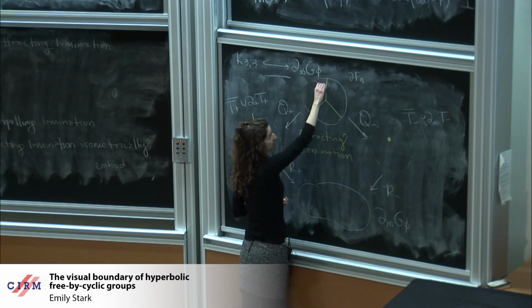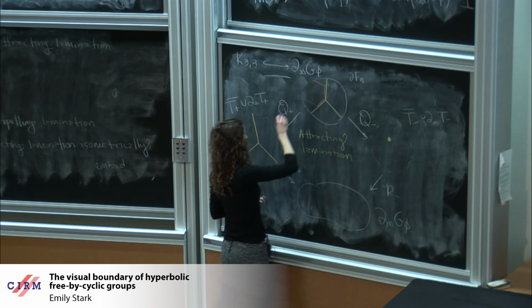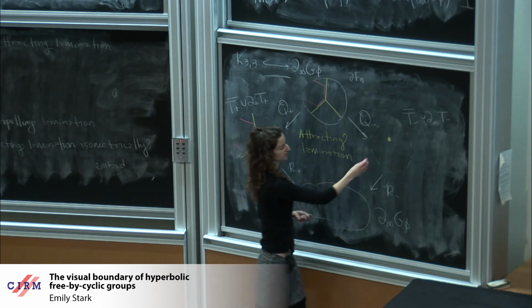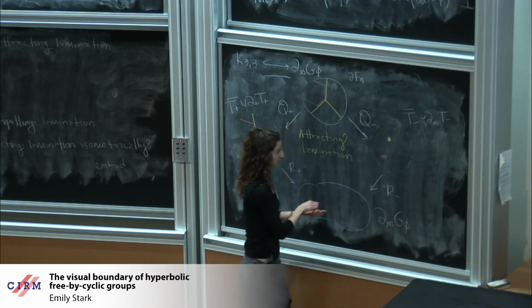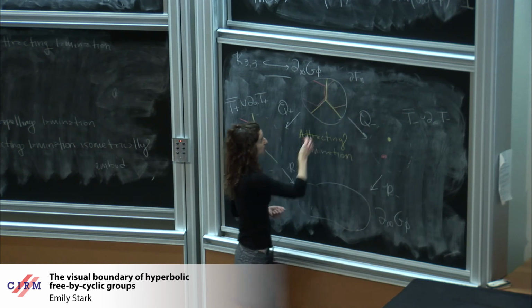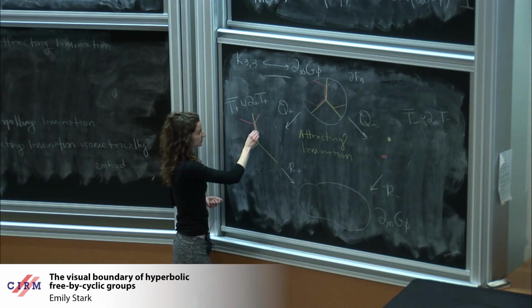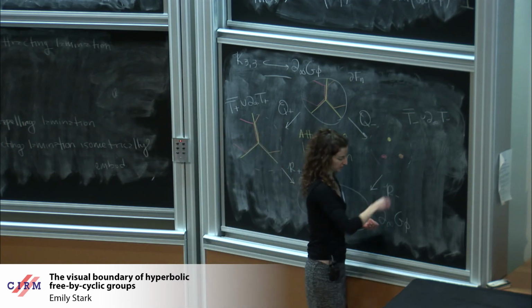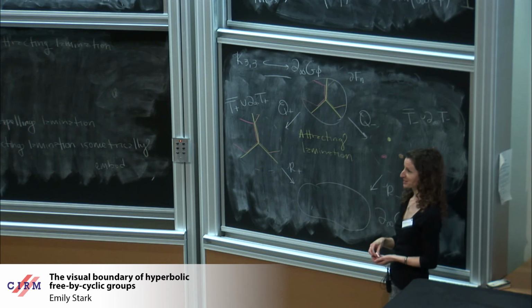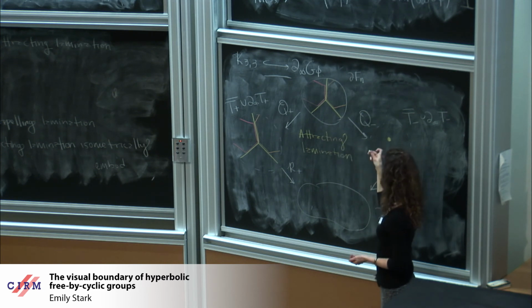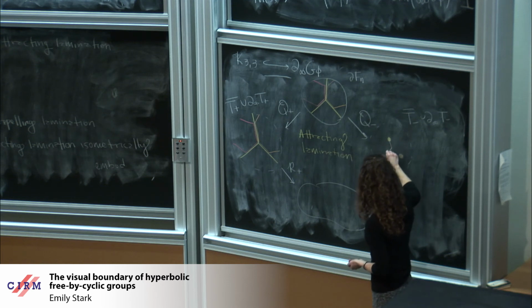And we use two other leaves, one in red, which again maps into the attracting tree and to a single point in the repelling tree. And we use a final orange leaf, which is similar, which maps into the attracting tree and to one point in the repelling tree. And the key point, but subtle point, is that we can choose these leaves so that in the repelling tree, these points are not collinear.